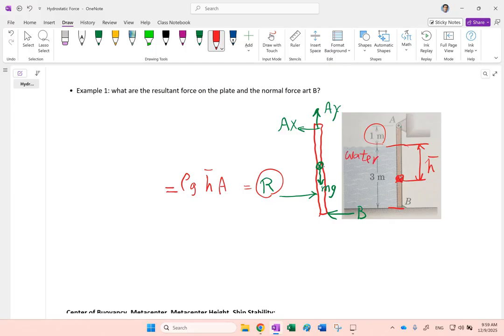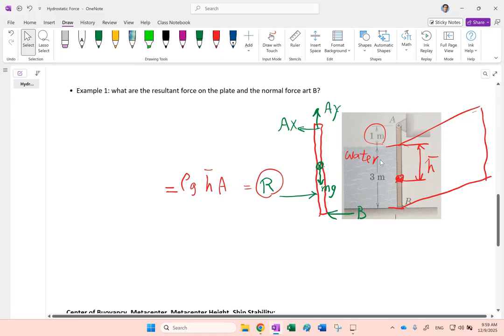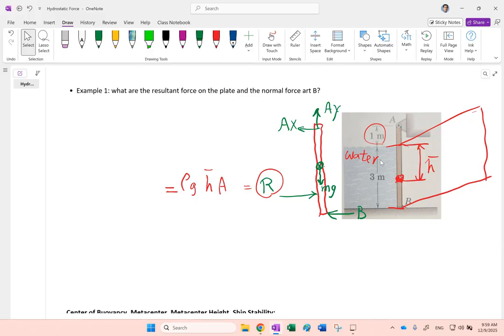And this gate, of course, has a third dimension, right? So it is something like this. And the width of this guy is given to us. In this case, let me find it. So it is 6 meters wide. So rho is going to be 1000 and g is 9.81. And h bar here is 1.5.